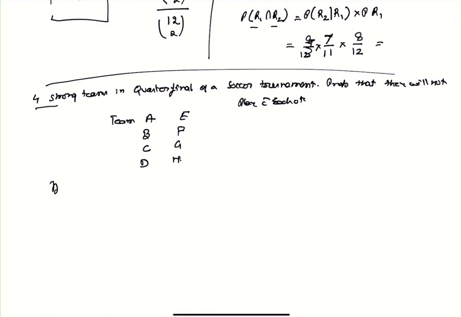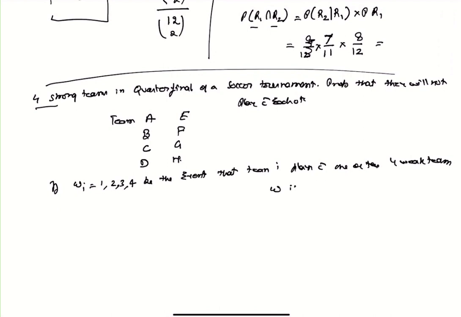Let Wi, for i equal to 1, 2, 3, 4, be the event that team i plays with one of the 4 weak teams, where W is the event that teams 1, 2, 3, 4 play with 5, 6, 7, 8.